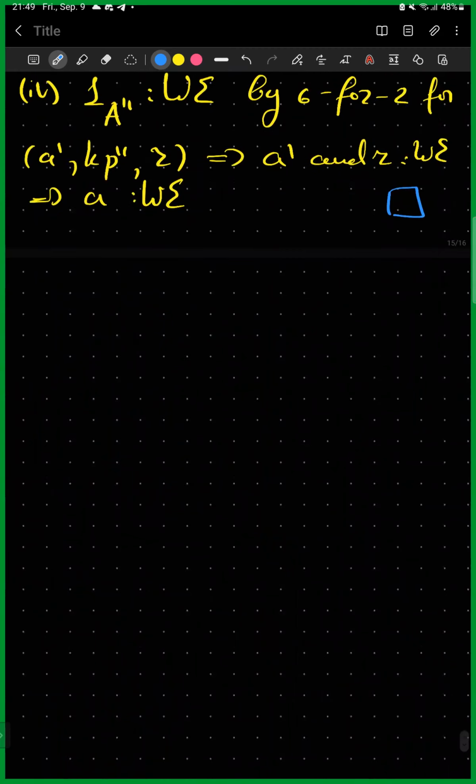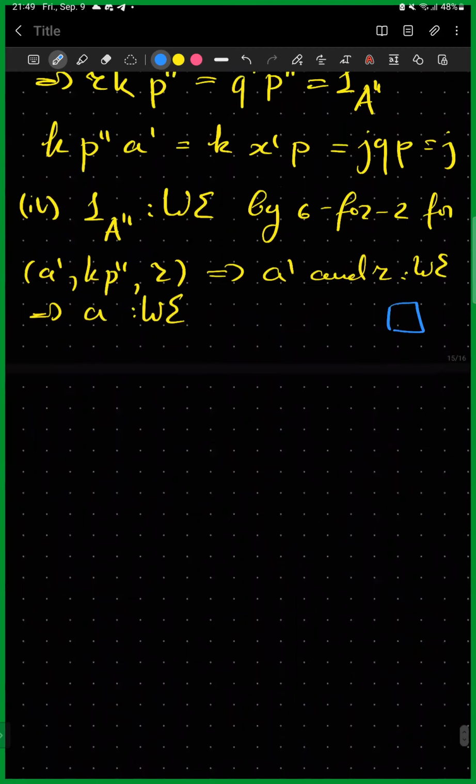Now, we see that we have the following closure. We don't see quite yet, but we will prove right now that we have the following closure properties.